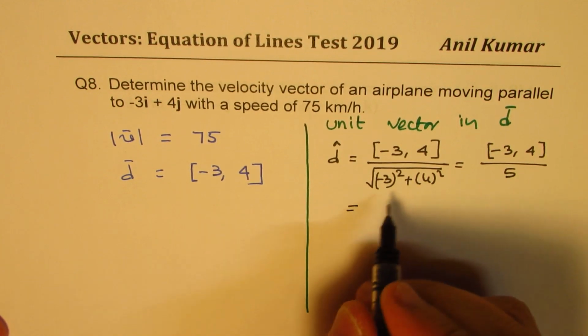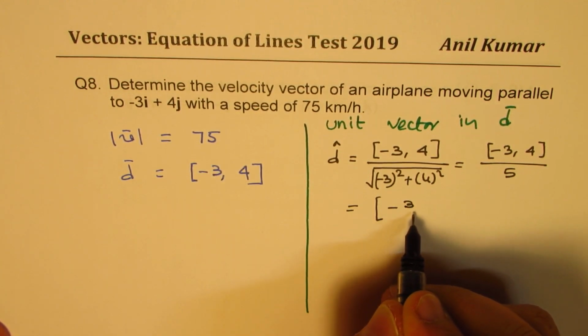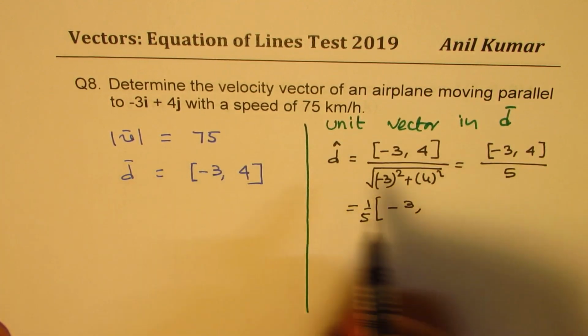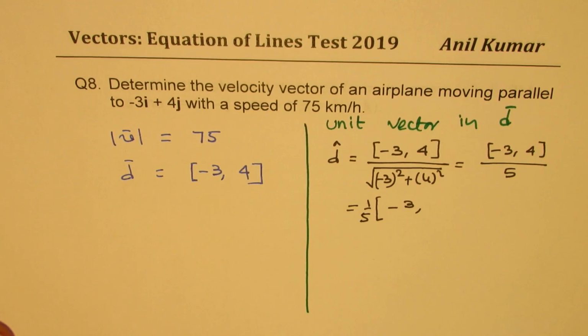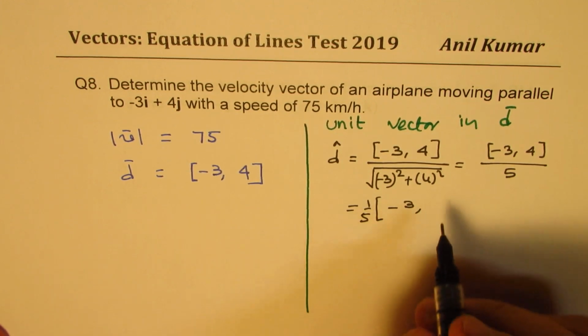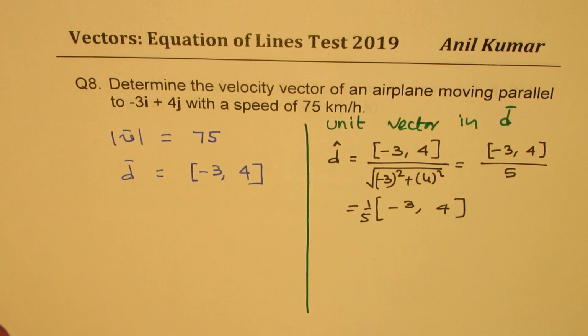So the direction vector is basically minus 3, 4, with 1 over 5 in front. Since we have to simplify, we could multiply by 75 and get a simpler form. So we'll use it like this. So that becomes the direction vector, okay?